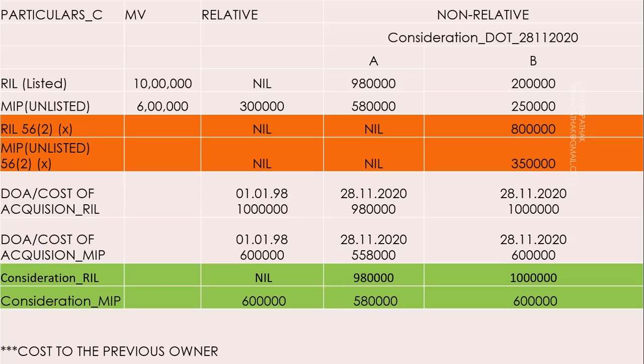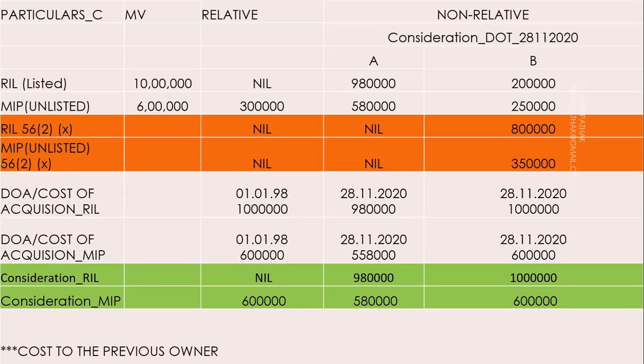For the purpose of reckoning the calculation when he sells the shares, the date would be 28/11/20, and 10 lakh would be the cost price. For the purpose of my consideration in my books of account, RIL consideration would be 10 lakh. So clear about the transaction qua RIL to B.